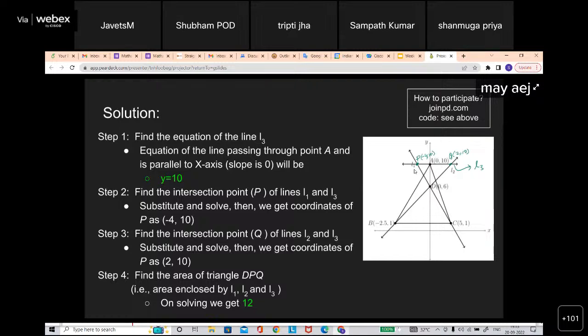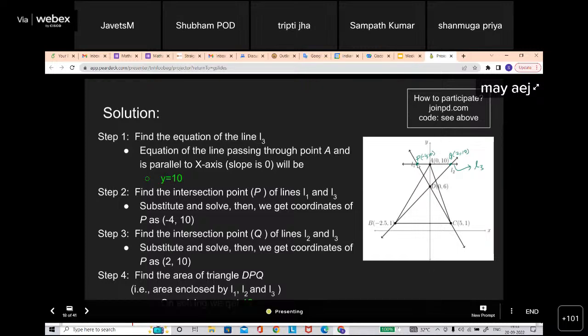Yes, Tripti? Just substitute, as you have already seen. You got y = 10 as the equation of the line L3, right?